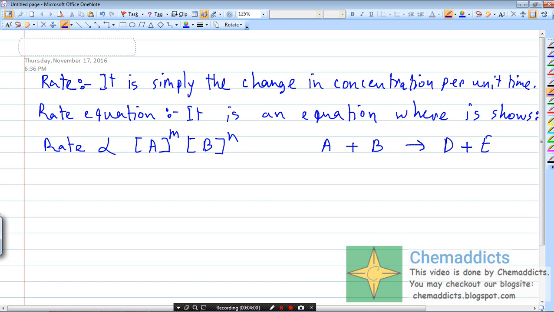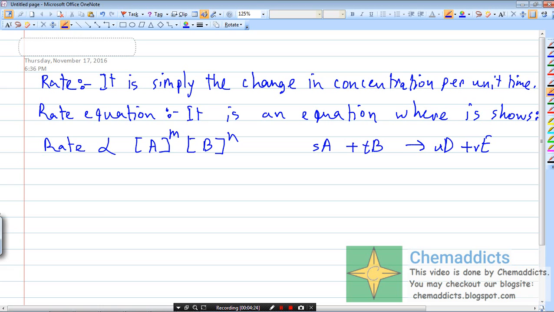Okay, so these powers are not the coefficients of the reactants and products. No, this is something else. Let us write those as S, T, U, V. Those mean something else. These are called moles.